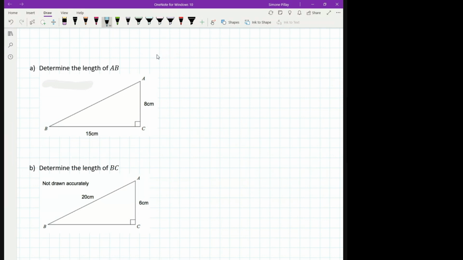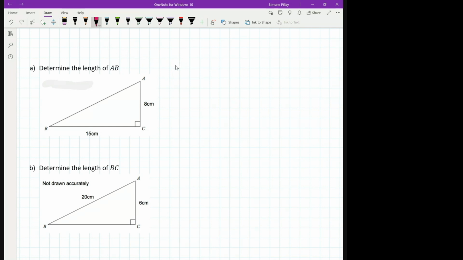Purple, ma'am. Okay, we have these two purples. The dark one. Okay, so let's go. Tell me how to do this question.